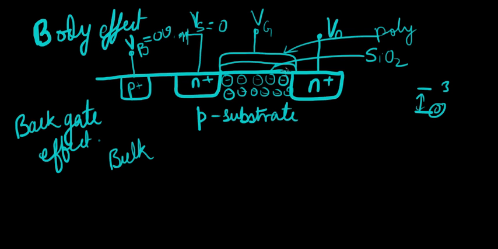But what if they're not? What if VB, the voltage of the bulk, falls below the voltage of the source? So what happens is this goes lesser and lesser than what it is right now. What happens if the voltage at a P plus region goes lesser than it was before? It'll start to attract more holes towards it, right?